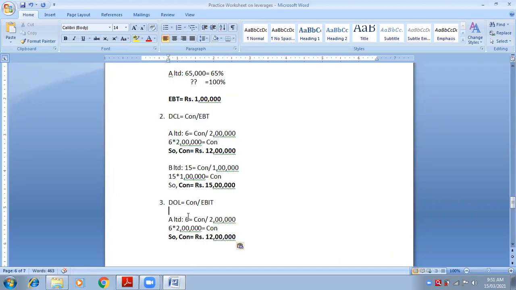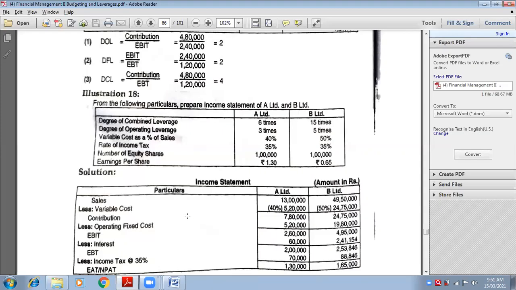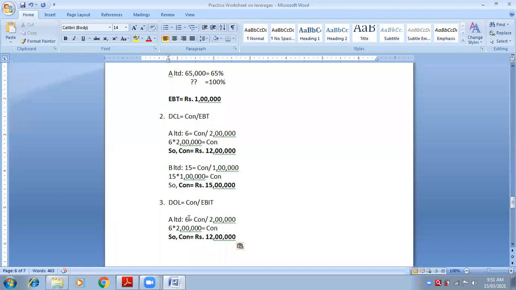So tell me, what is DOL of A Limited? 3 times. Very good. So here I will write 3 times. Contribution is already available with me, 12 lakhs. Just now we have calculated contribution of both the companies. But EBIT is not given, so let us write EBIT as it is. So 3 is equal to 12 lakhs divided by EBIT.